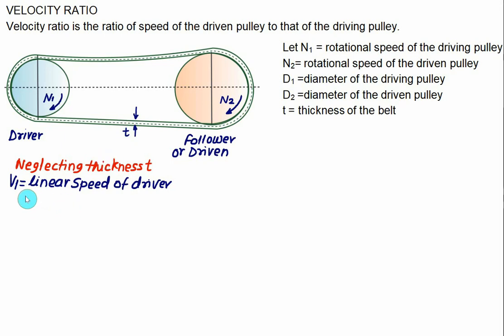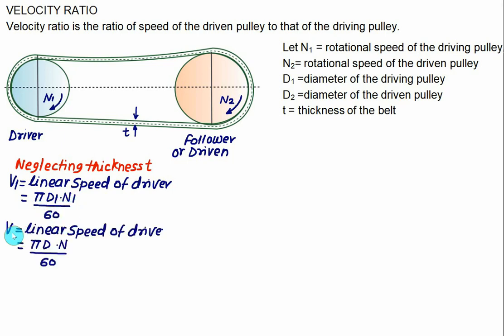In that case, we have linear speed of a driver V1 given as pi into D1 into N1 divided by 60. And suppose V2 represents the linear speed of a driven. In that case, we have linear speed V2 equal to pi into D2 into N2 by 60.